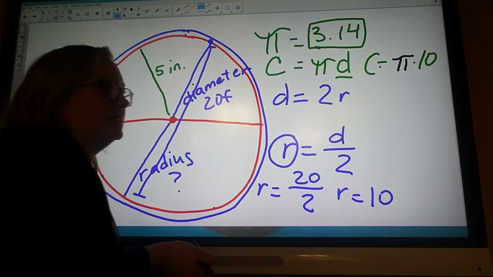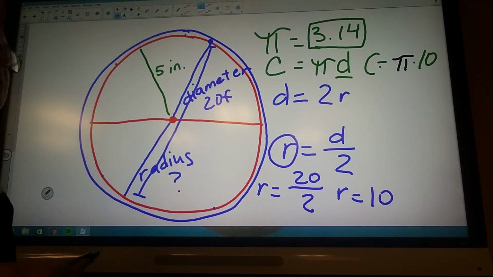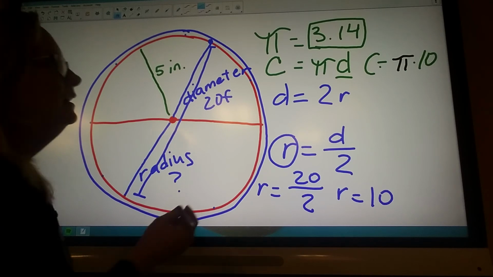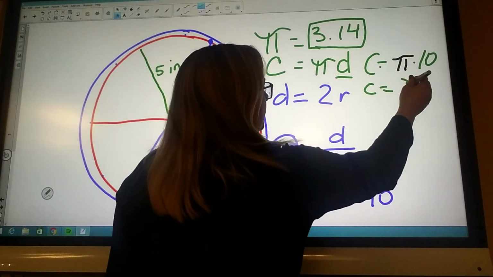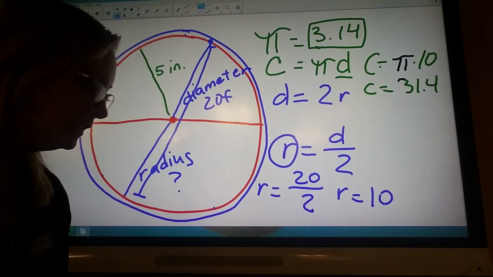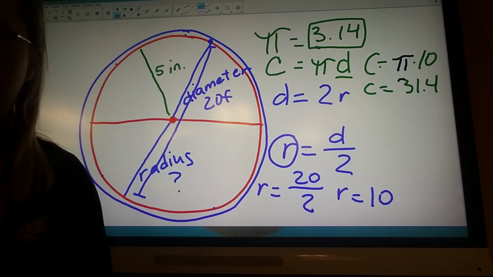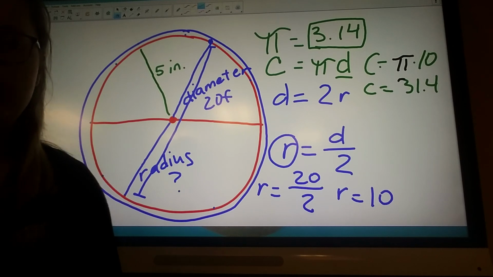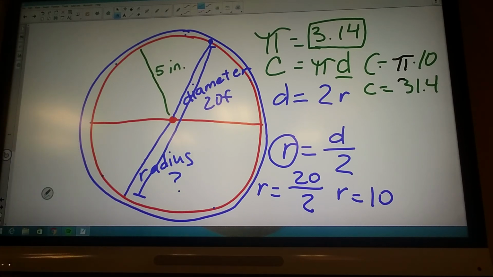Then we have to get out a calculator and figure out what pi times 10 is. Pi is 3.14. If we take it times 10, C equals 31.4.